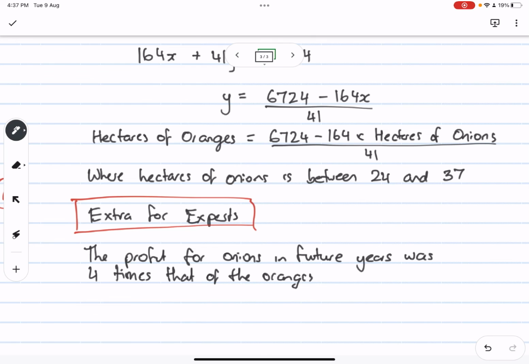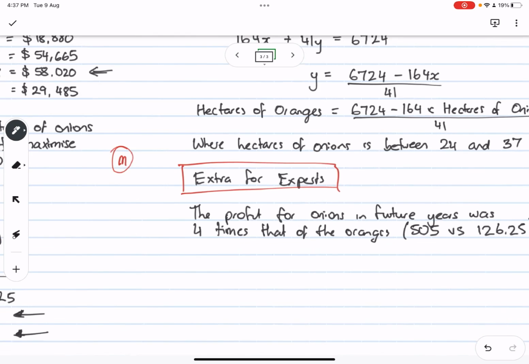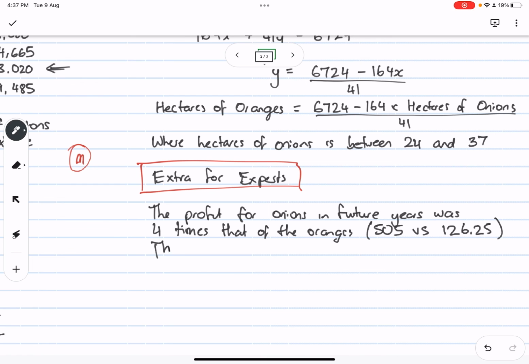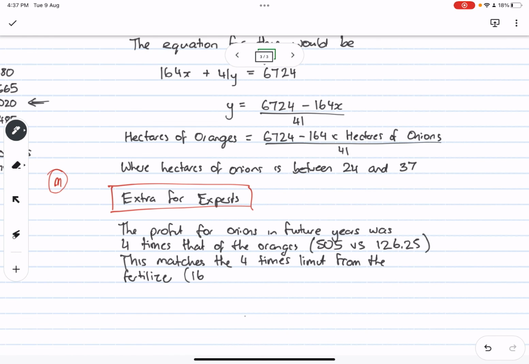Because if we think about what that was, coming back here, it was 505 versus 126.25. This matches the 4 times limit from the fertilizer, which was 164 versus 41.